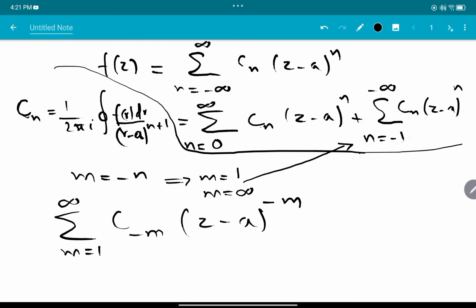So I can write this in an alternative way, but that will also change the index here.